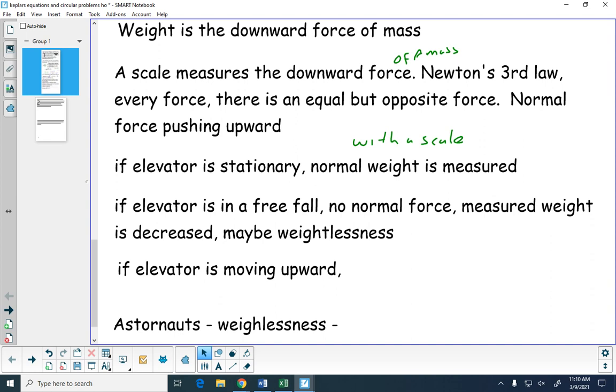If you're standing on a scale and you jump off the top of your house, you won't measure any weight because the scale is not pushing back up against you.